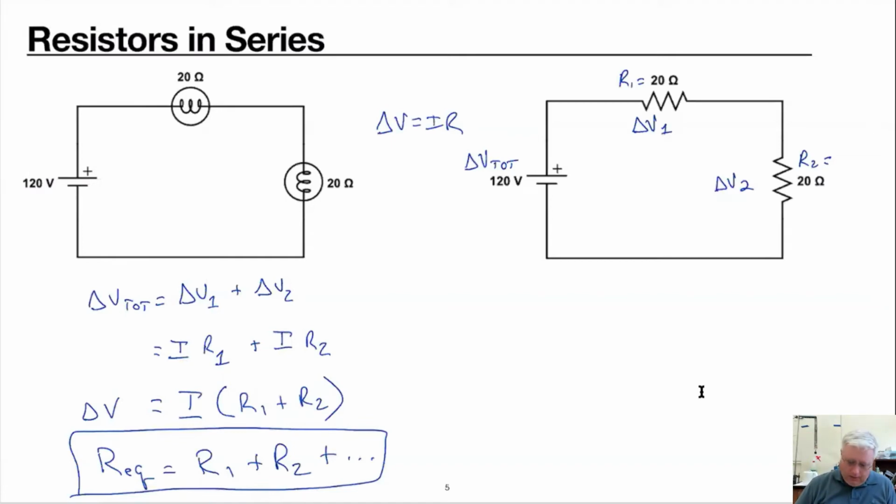If we wanted to, we could create another circuit and say, I don't want to have two resistors, I just want to have one. Maybe I only have room for one on the breadboard. So we could create another circuit with one resistor that had the equivalent resistance of these two.